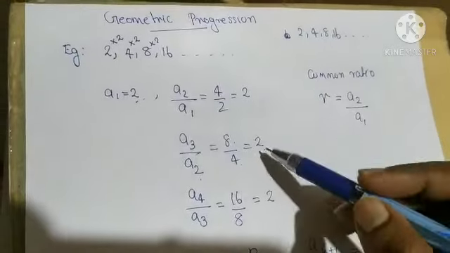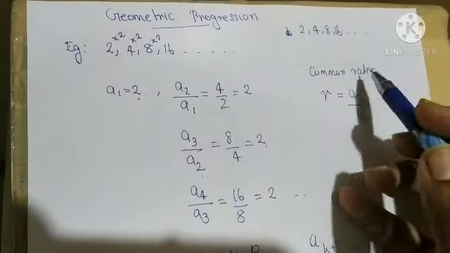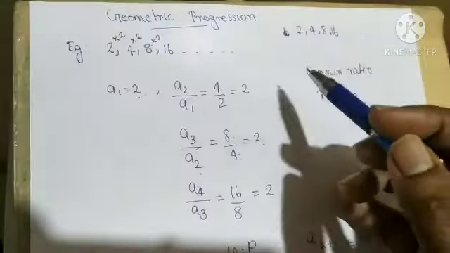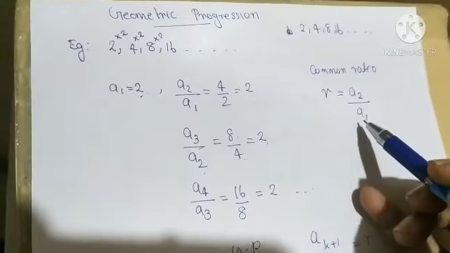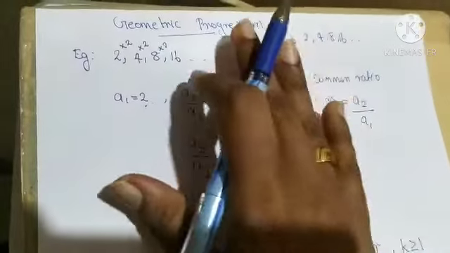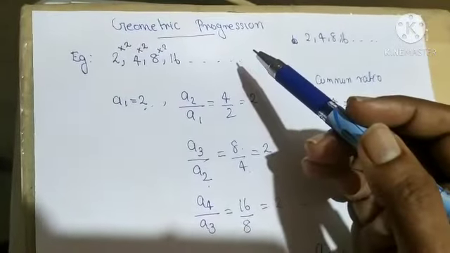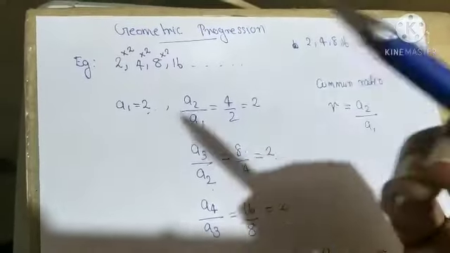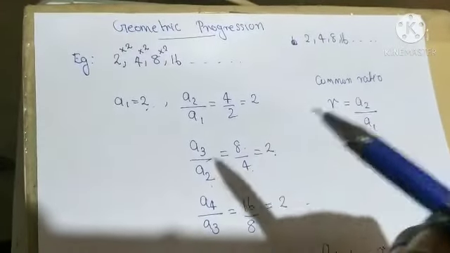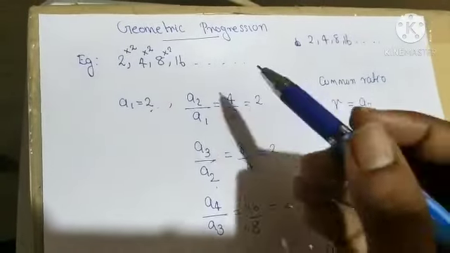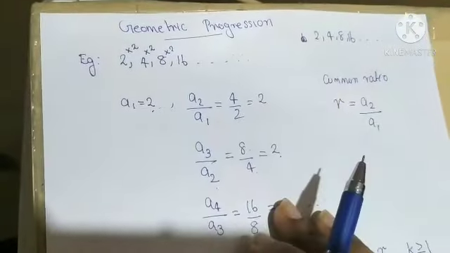So this ratio is called the common ratio, and it is represented by r equal to a2 by a1. Such a sequence is called a geometric sequence or geometric progression. A sequence in which we get a common ratio is called a geometric progression.